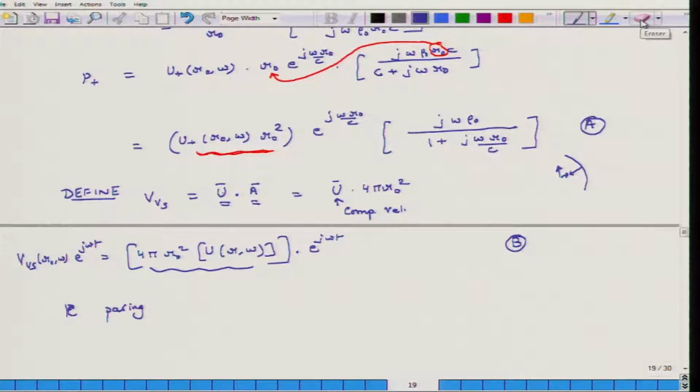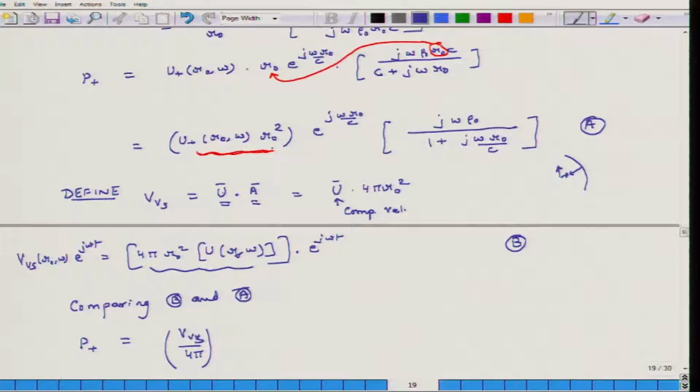So, VVS, if I compare B and A, comparing B and A, we can write that P plus equals complex velocity amplitude divided by 4 pi, because this is 4 pi r naught square times u r naught omega.